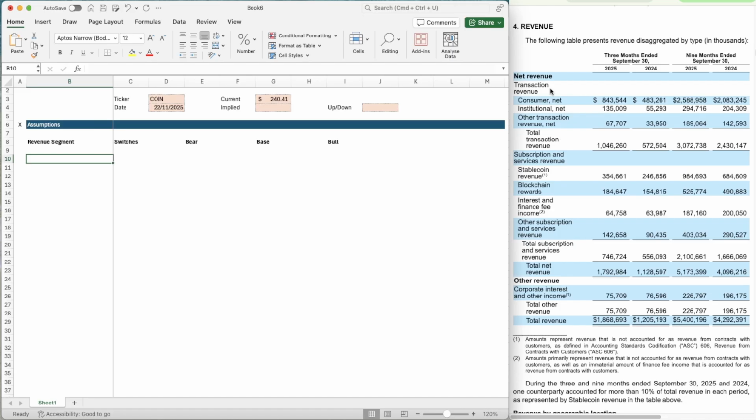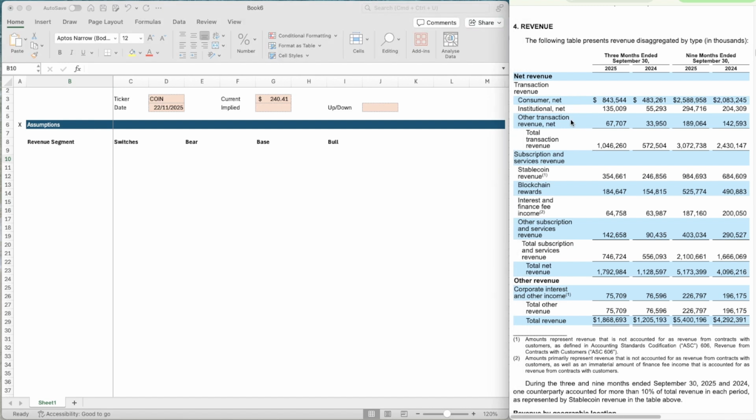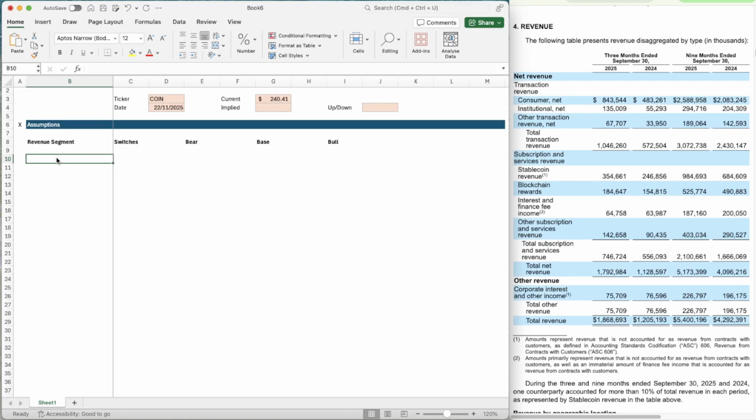I'm just going to go transaction revenue, subscription and services revenue, and the other revenue, just to save time. But I would advise you to break it down into this more granular level of all of these here, so that you'll be able to simulate different scenarios more accurately.